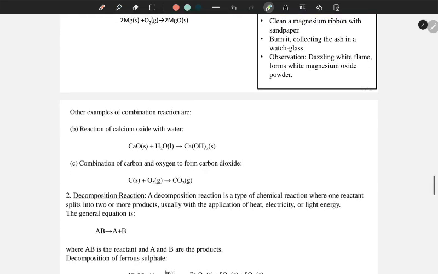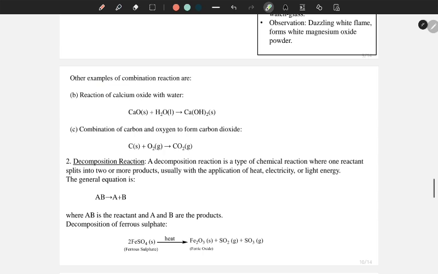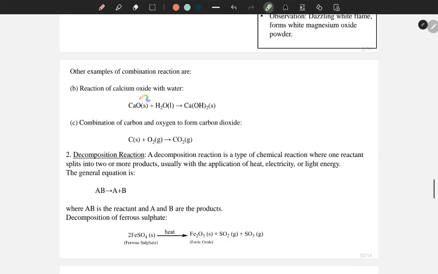Okay, now other examples of combination reactions are the reaction of calcium oxide with water. That is, here calcium oxide and water react to form calcium hydroxide, right? Now combination of carbon and oxygen to form carbon dioxide, where here carbon and oxygen react to give carbon dioxide.